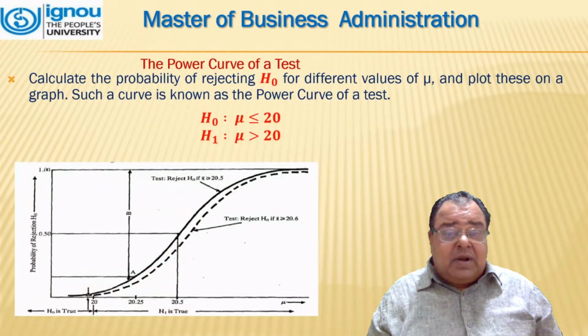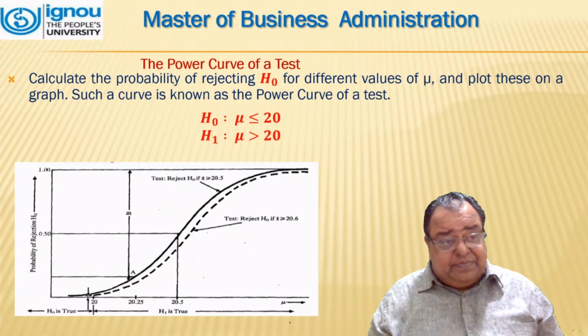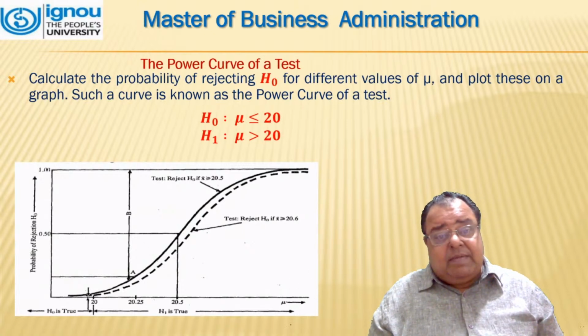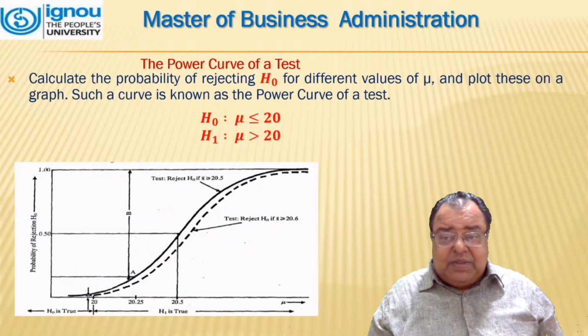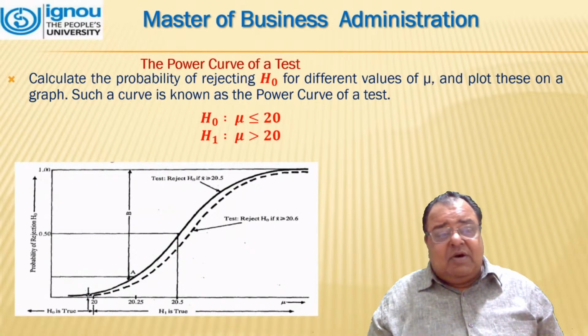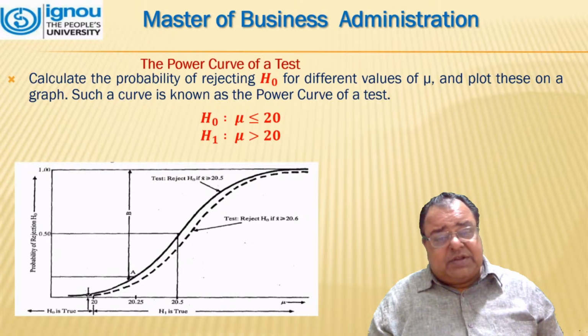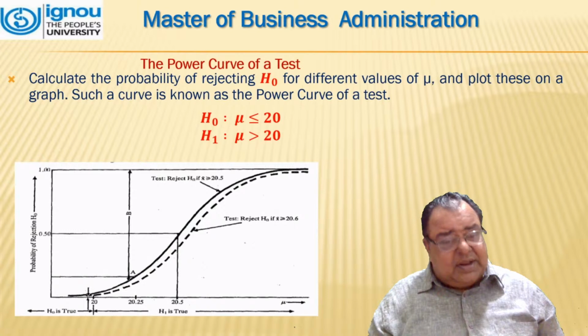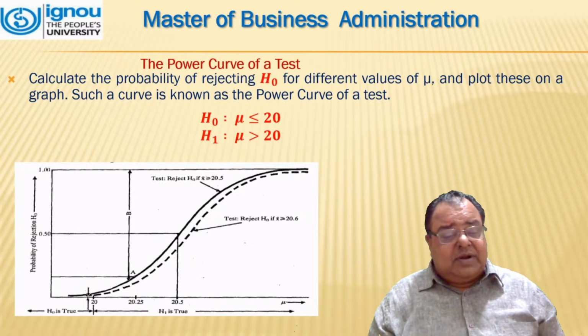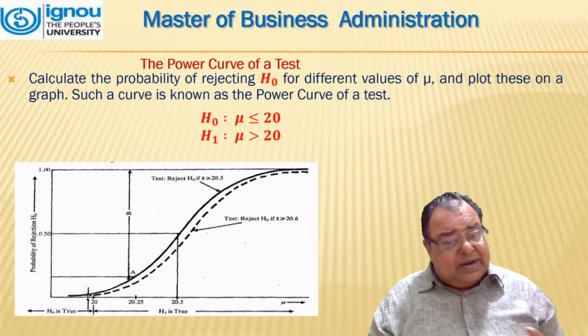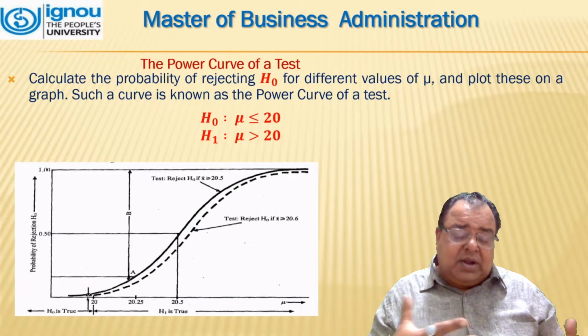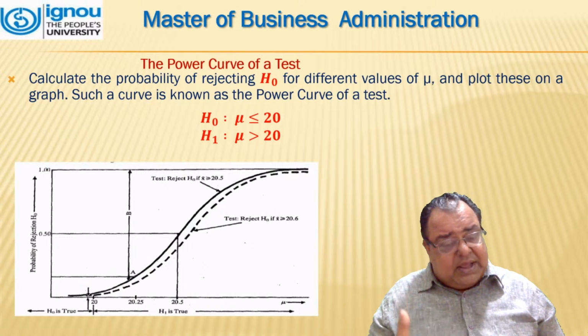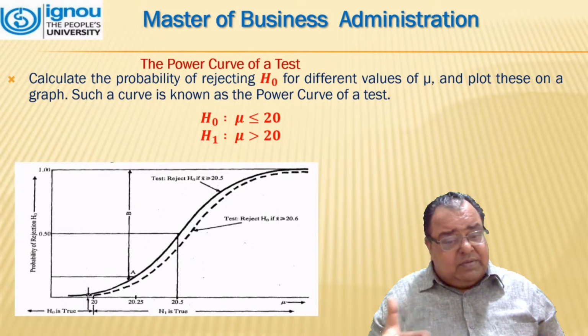Then comes the power curve of a test. Here we calculate the probability of rejecting H naught for different values of mu, that is mean, and plot these on a graph. Such a graph is known as the power curve of a test. The null hypothesis H naught is mu less than or equal to 20, and the alternate hypothesis H1 is mu greater than 20.